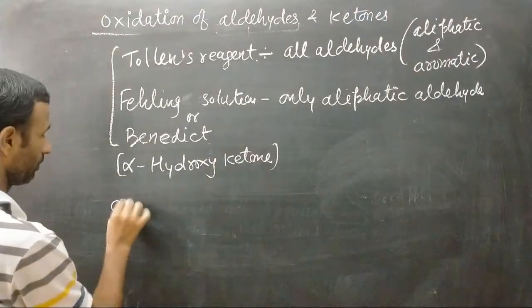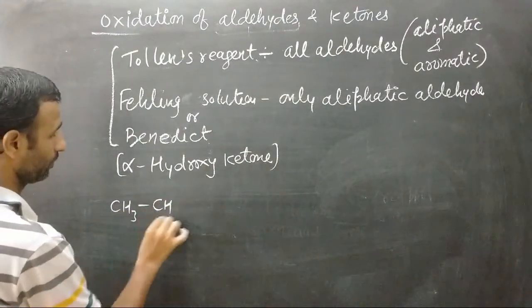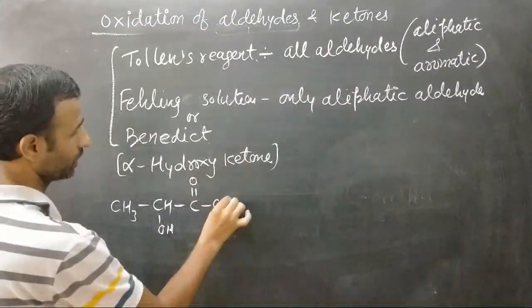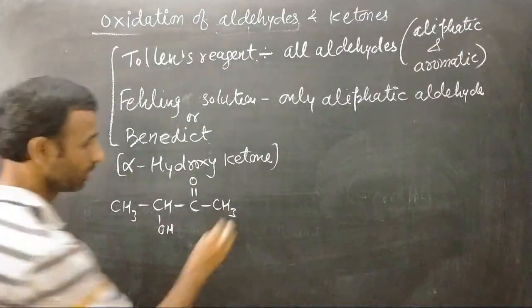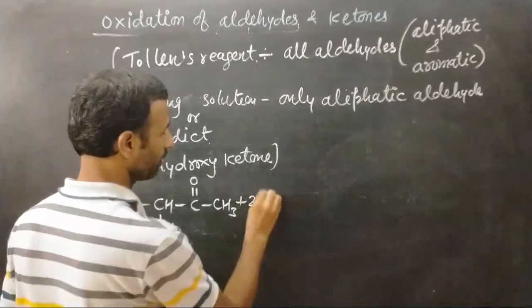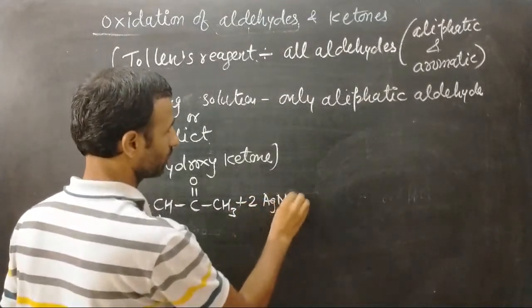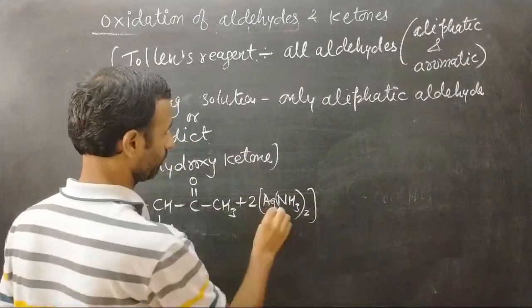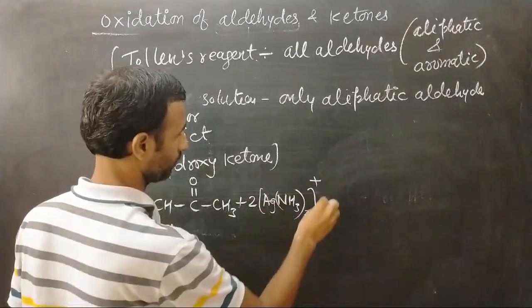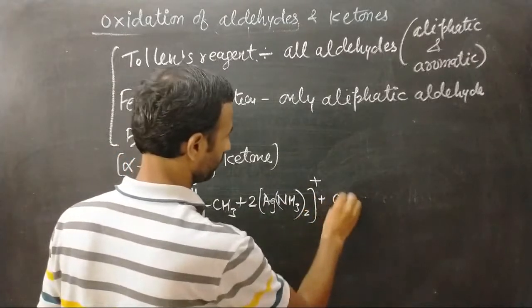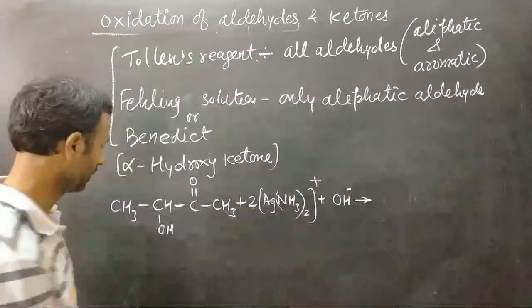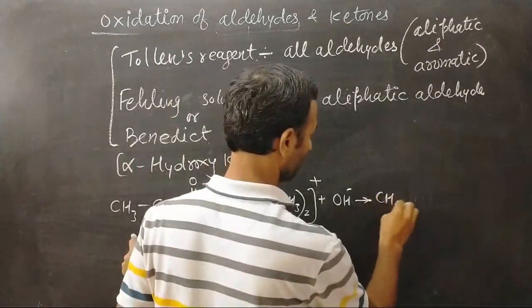See, this is alpha hydroxy ketone. On treatment with ammoniacal silver nitrate, it gives the diketone with CH3.